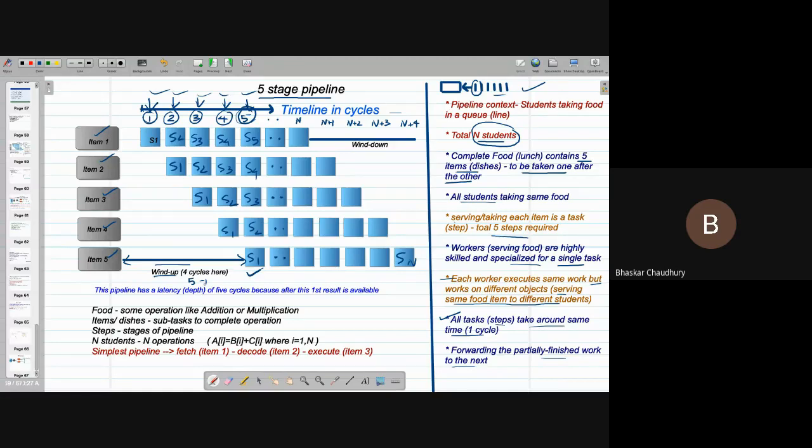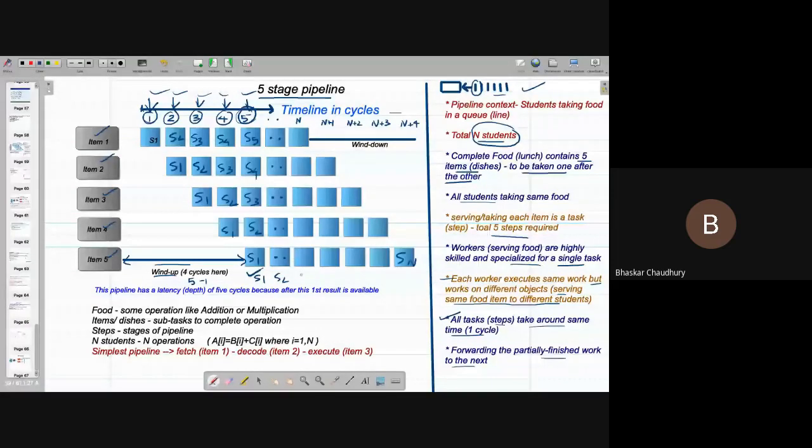After you have covered this wind up period, you start getting one instruction, or one operation, or one student completing the food taking activity every cycle: S1, S2, S3, and so on.